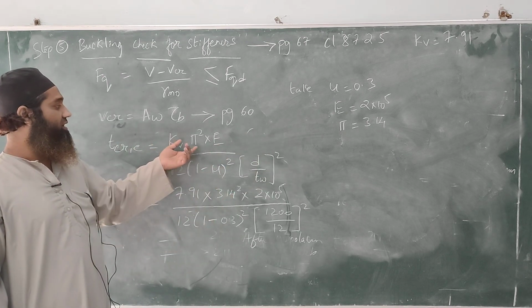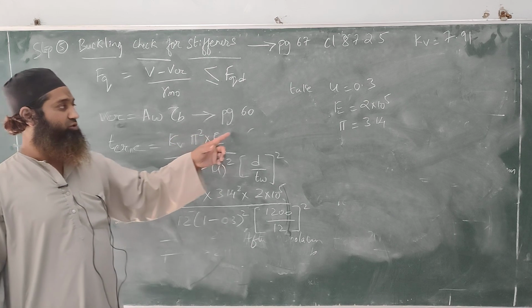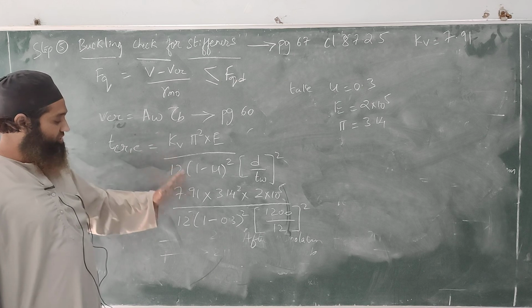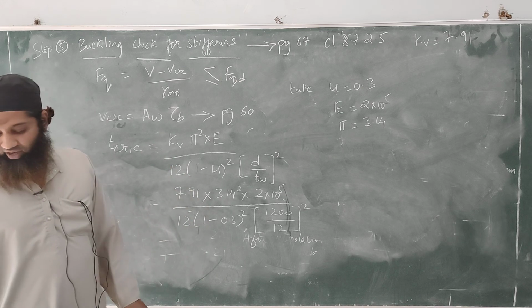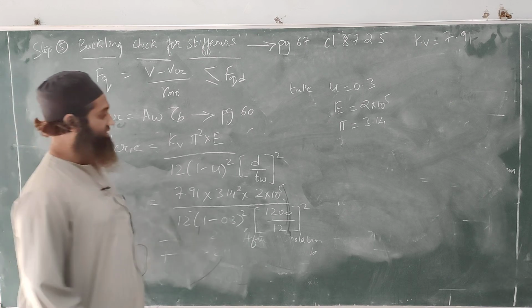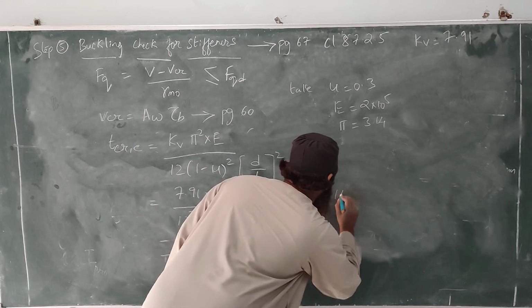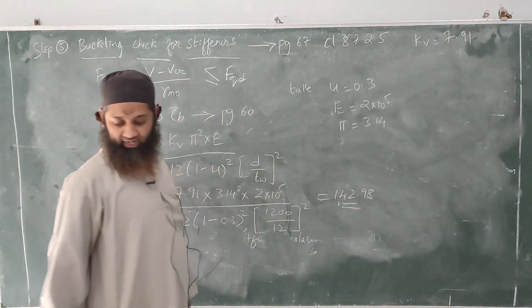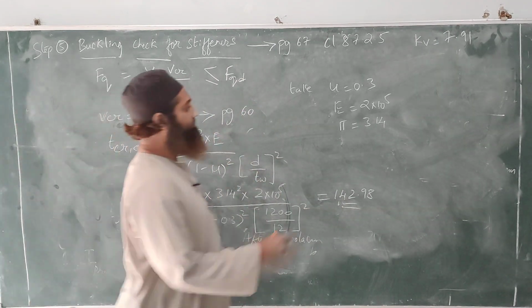Here pi is 3.14, E is 2 into 10 to the power of 5, and Poisson's ratio mu I'm taking as 0.3. I'm substituting all these values here. After calculation I'm getting tau CRE as 142.98. Okay, let us store this value also.